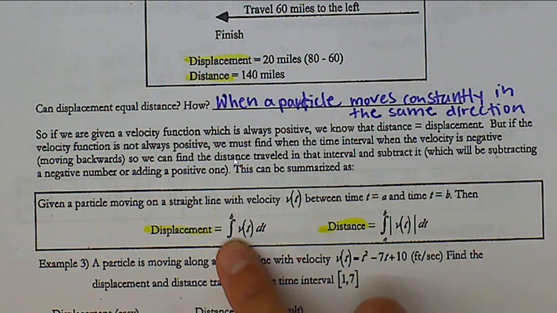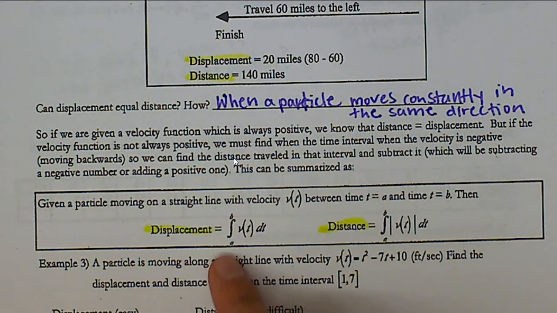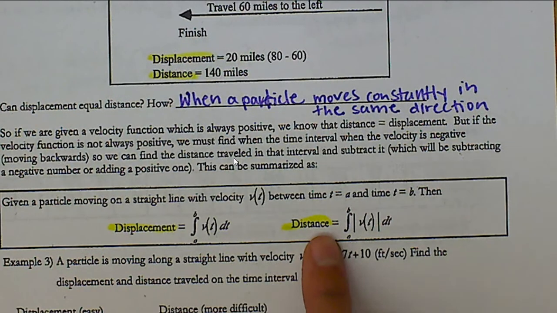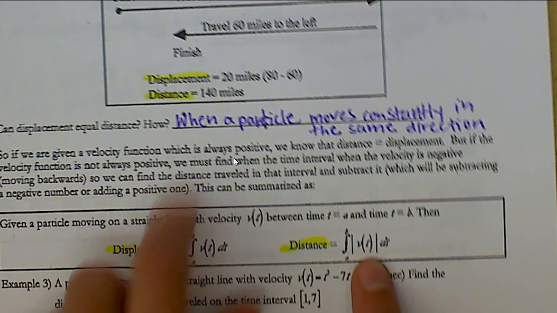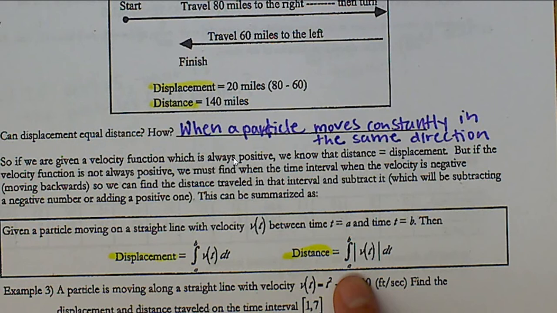So the integral takes into account when you are moving right and when you are moving left, and it will subtract the distance when you move left automatically. But if we want to find the distance, we don't want to subtract the times we're moving left. We want to add the times we're moving left, like we did here. We added 60 even though we were moving left. So you take the absolute value to make everything inside the integral positive, so you end up adding everything.